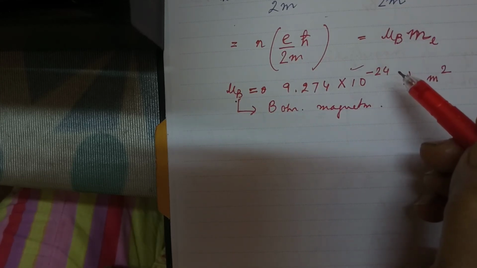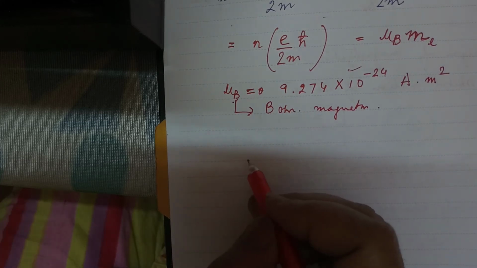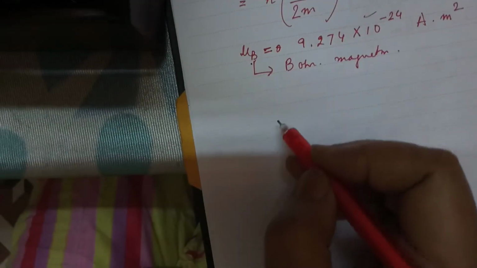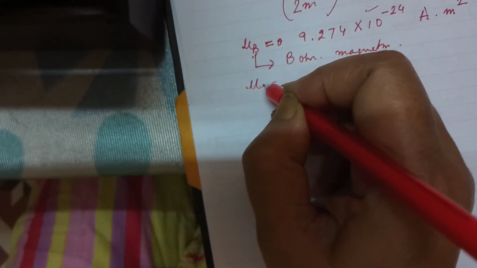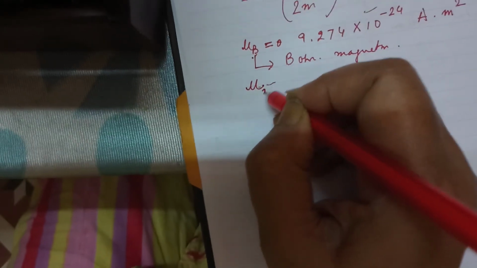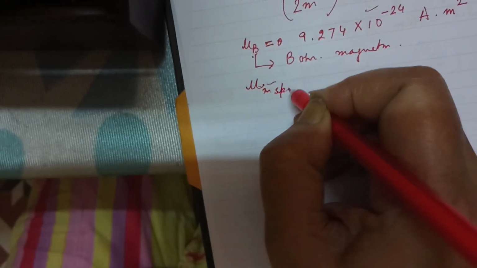Okay, all right. Now the spin angular momentum, if we consider, it is mu m, but not orbital, it is spin.